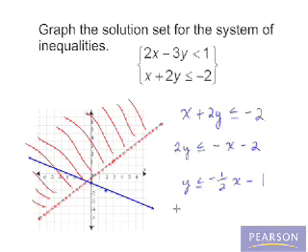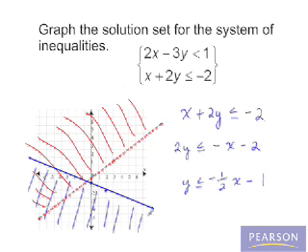And this is a less than situation, so we will shade below the line. Or if I choose the test point 0, 0 and substitute 0 for x and 0 for y, it will make this statement false. So I want to shade away from the test point 0, 0. So we would be shading all of this down here.